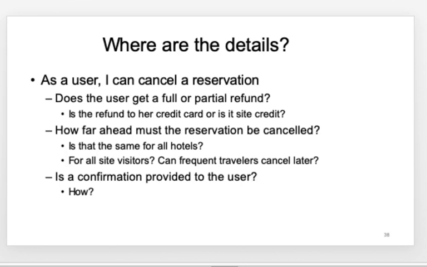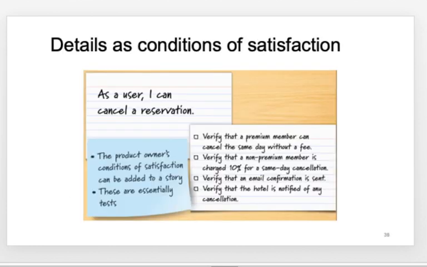Can I cancel the room at any point of time? Are the rules common for everybody, or do you have any special rule for frequent travelers? How do you send a confirmation to the user after the cancellation, and so on? All these details are definitely required whenever you go for the implementation.